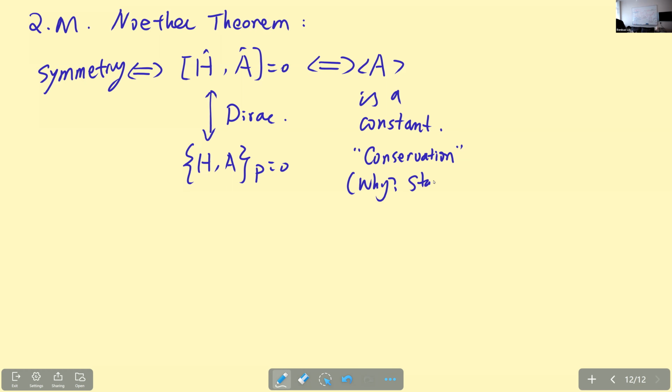Please stay tuned, I will explain this a little bit later: why, if A commutes with H, this is going to be a constant. But before that, let's look at the Hamiltonian of the isotropic 3D harmonic oscillator.